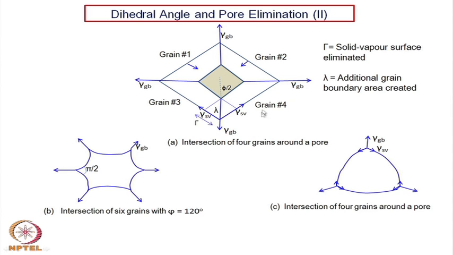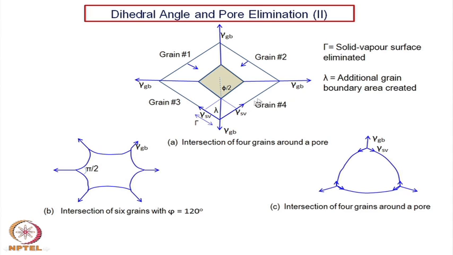Now, during this there is some energy lost and some energy gain. These are the gamma SB, the solid vapor surface energy. Throughout we have solid vapor surface energy, and depending on the area the total energy should be the surface energy multiplied by the overall surface area.